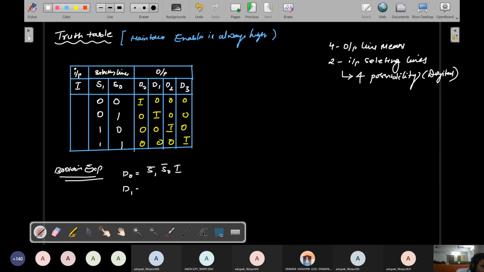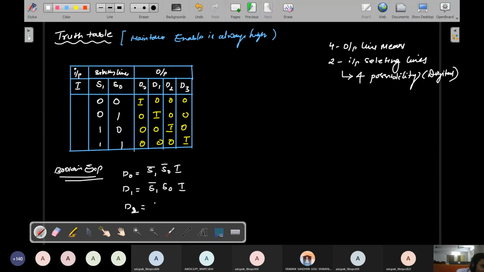Now the D1 terminal. You see this case only: S1 is complemented and S0 is normal. So D1 is S1 bar S0 into I. Next, D2 is represented by this combination.